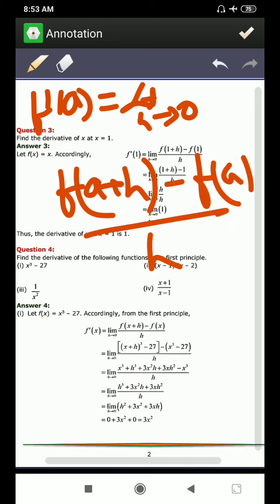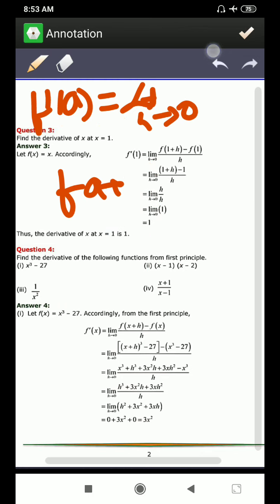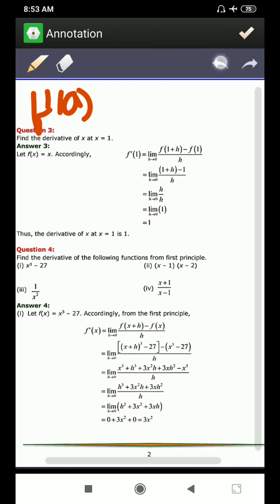As you have to calculate the derivative at x equal to 1, in this whole formula you replace a by 1. So you will get f dash 1, and on the right side it will become f of 1 plus h minus f of 1, divided by h.